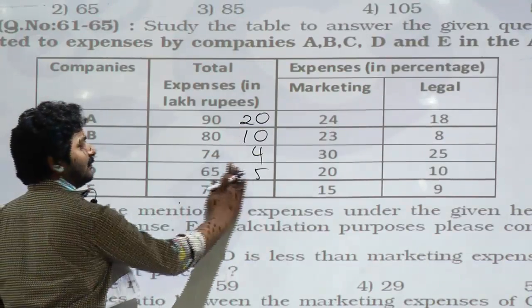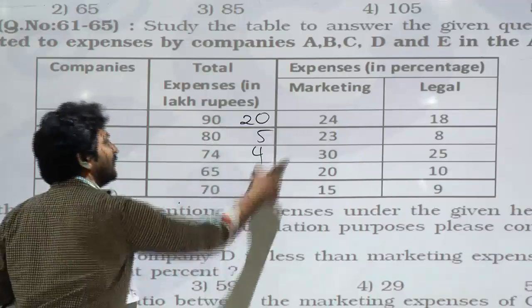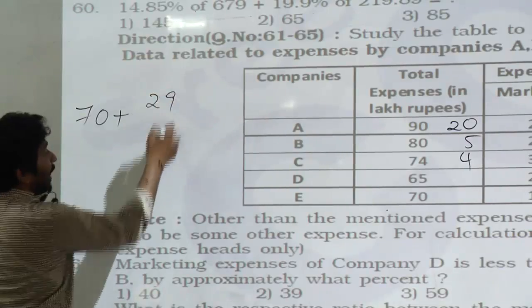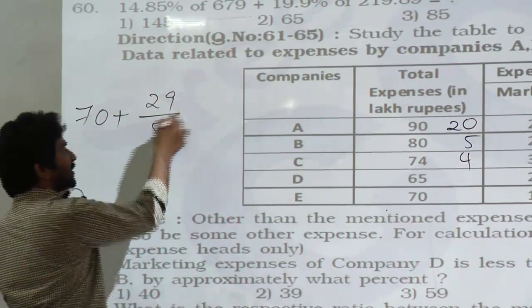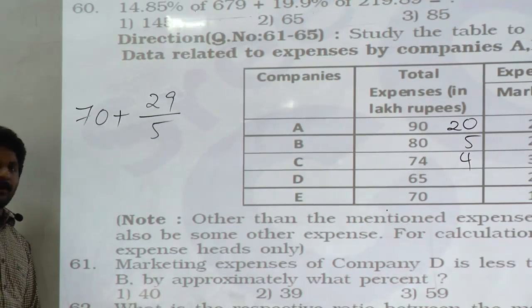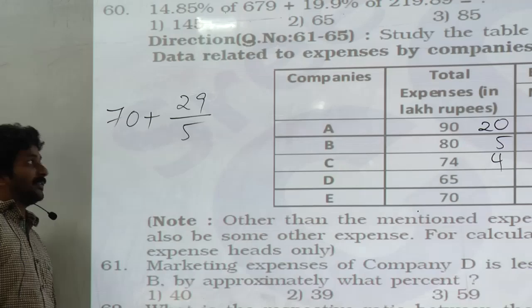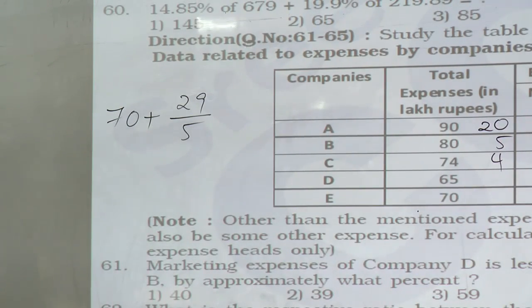Subtract 5 from 10. You'll have 5. Total how much extra number you have? 29. After making every number 70, you still have 29, and now 29 is to be adjusted among 5 numbers, that is 29 by 5. How much is that? 5.8. Yes or no? 70 plus 5.8, 75.8.